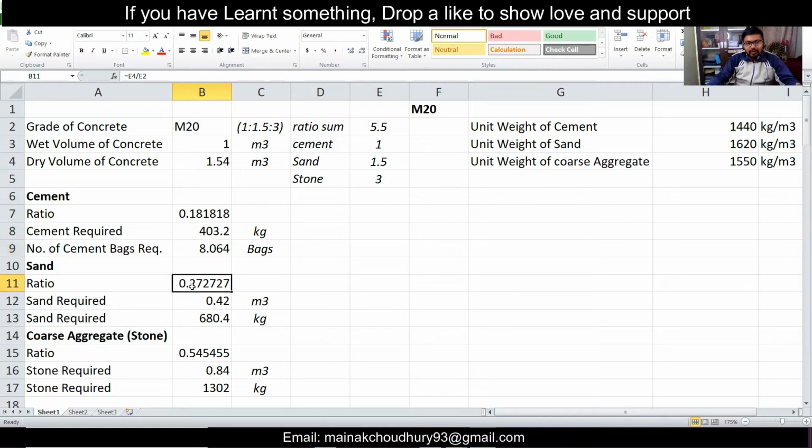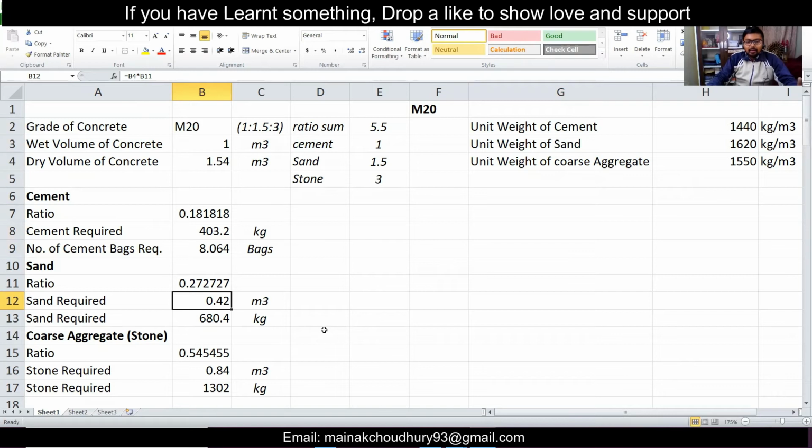For sand also, the ratio is 1.5 by 5.5. You can see that here, 1.5 by 5.5, and the sand required will simply be this 1.54 into 1.5 by 5.5. It will come in meter cube. Now when we procure sand at the site, we procure in meter cube or cubic feet.